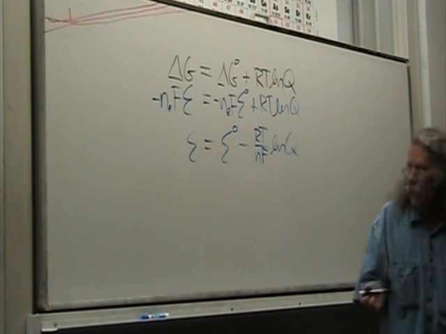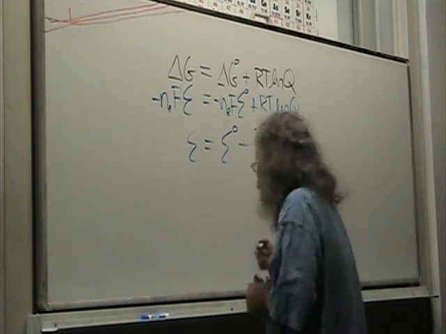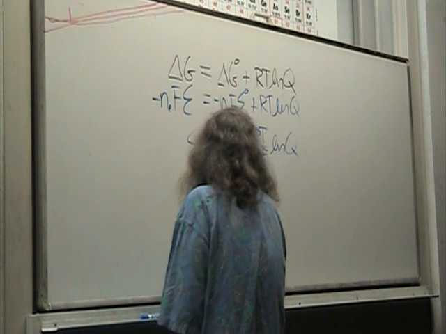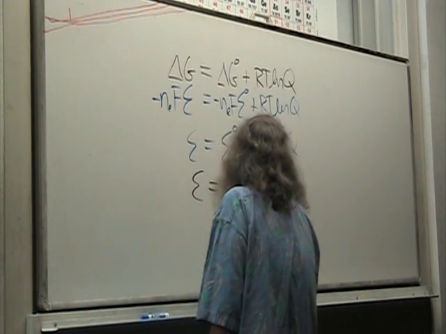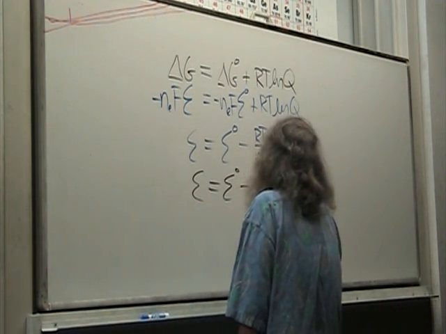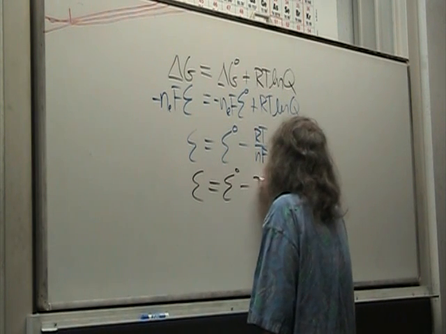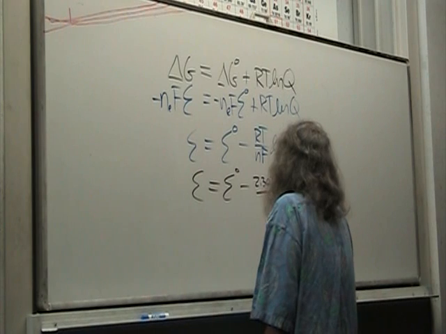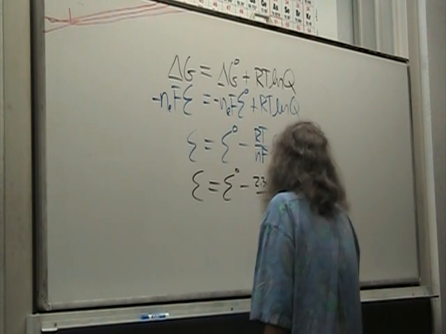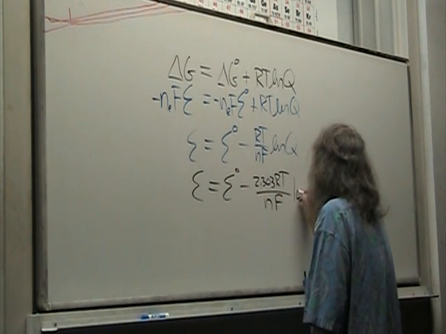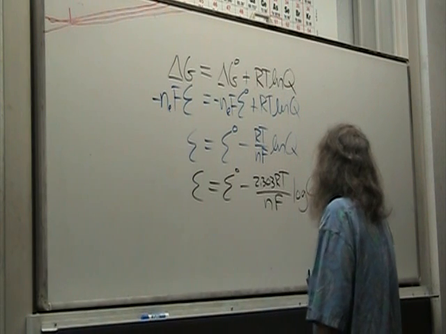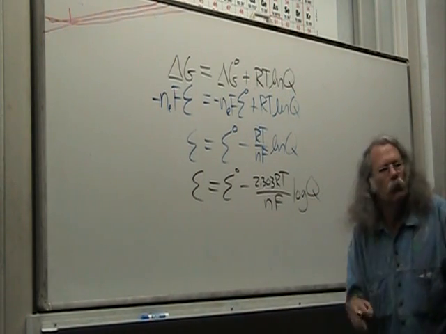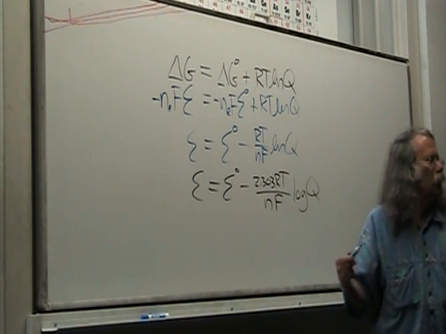I just add that in. So now I'll re-express it: E is equal to E naught minus 2.303 RT over F times the log. This has much greater utility.